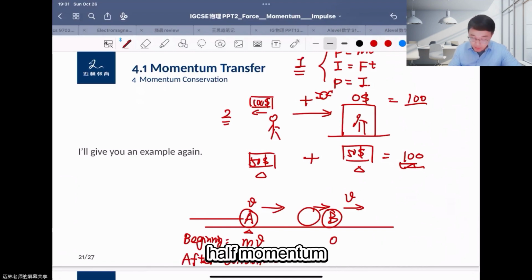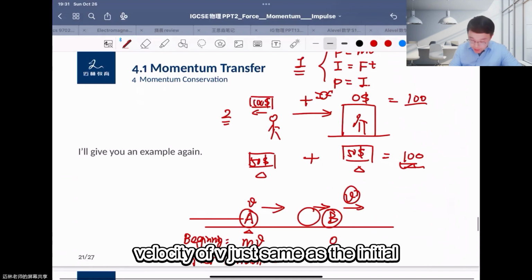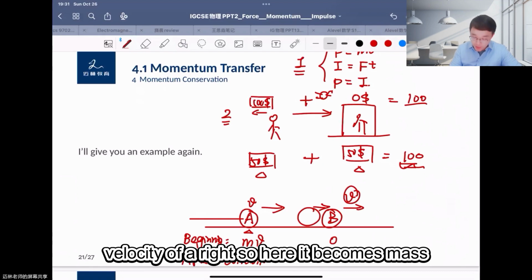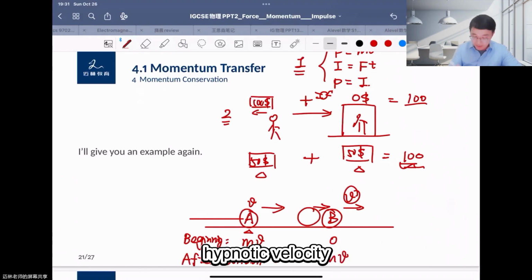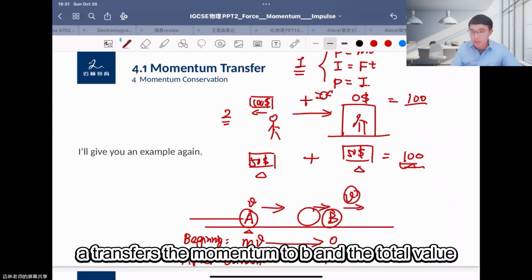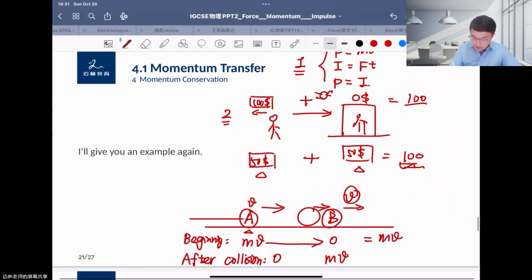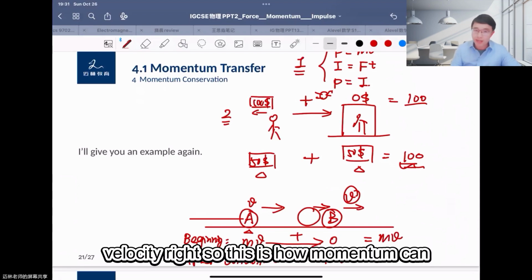So it has momentum of zero. And B has velocity of V, just the same as the initial velocity of A, right? So here it becomes mass times velocity. So you can find that A transfers its momentum to B and the total value both equals mass times velocity, right? So this is how momentum can transfer.